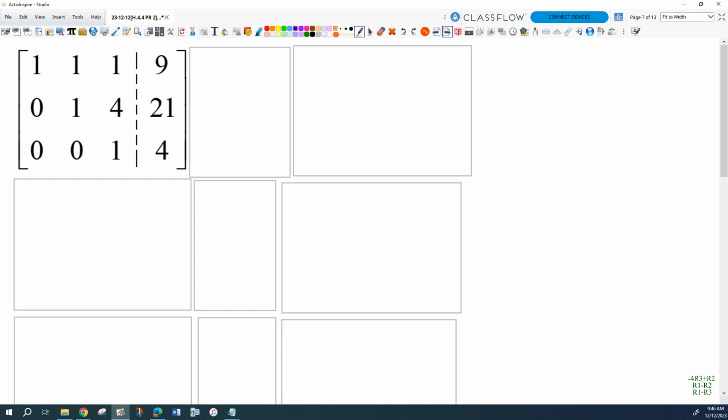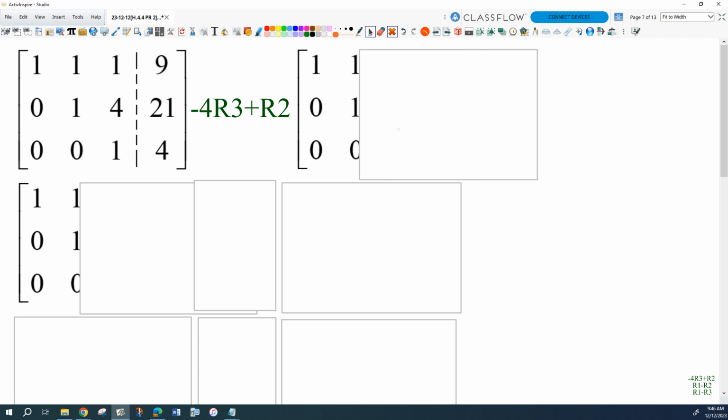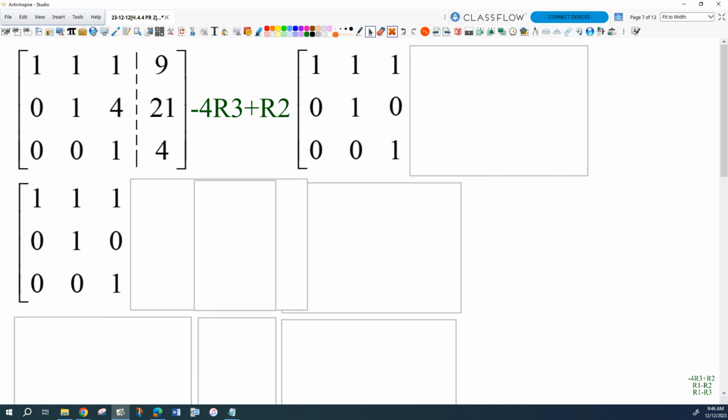Now, what could I do to make that a 0? Exactly, right? Because now that I've got a 1 there, I can multiply this by anything I want and subtract or add, right? So we're just going to multiply by negative 4 and add it to row 2. So that's going to give me negative 4 times 1 is negative 4 plus 4 is 0. So I got my 0.